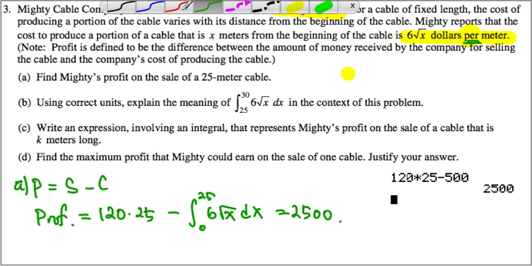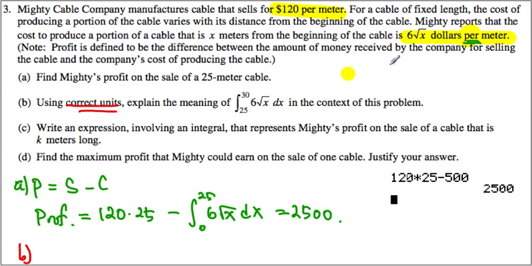All right, let us look into part B. Using the correct unit, so that means we need to express in terms of unit, explain the meaning of this in the context of this problem.